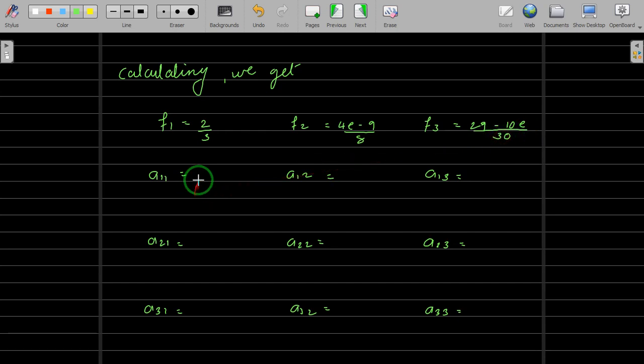You may get some errors in this. a11 is 1 by 4, a12 is 1 by 5, a13 is 1 by 6, then a21 is 1 by 10, a22 is 1 upon 12, a23 is 1 by 14, 1 by 36, 1 by 42, 1 upon 48. You can cross verify this.